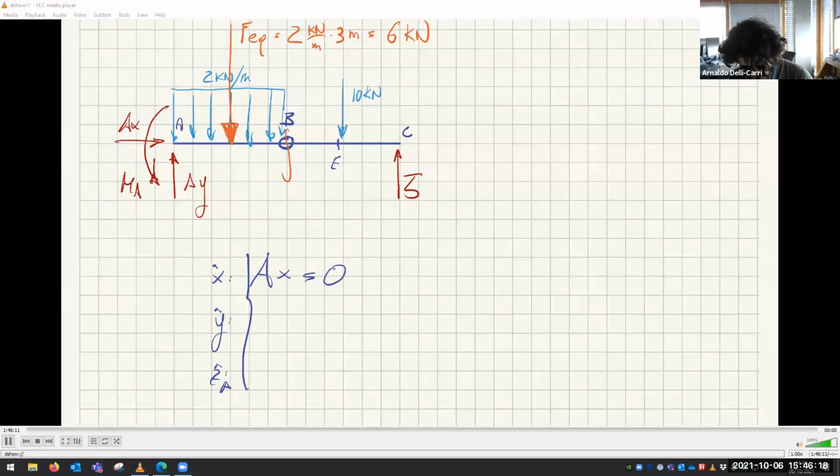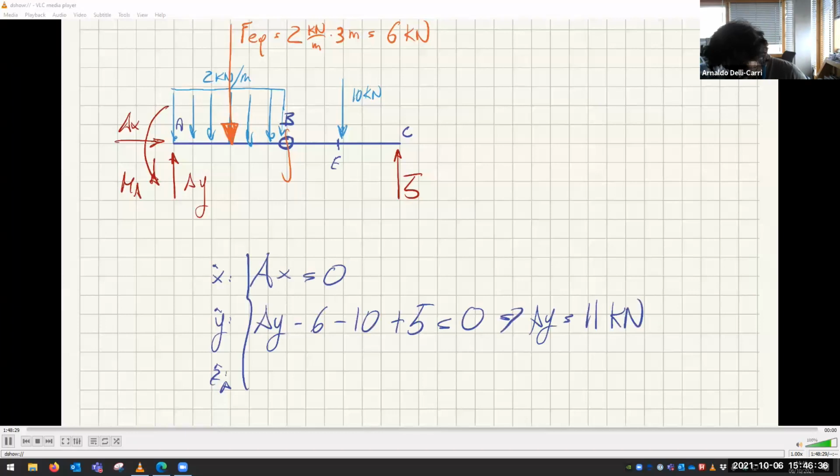Along Y, we have AY minus 6 kilonewtons minus 10 kilonewtons plus 5 kilonewtons equals 0. So we can find AY quite easily. So AY is 16 minus 5 is 11 kilonewtons. AX equals 0, this is already a result.